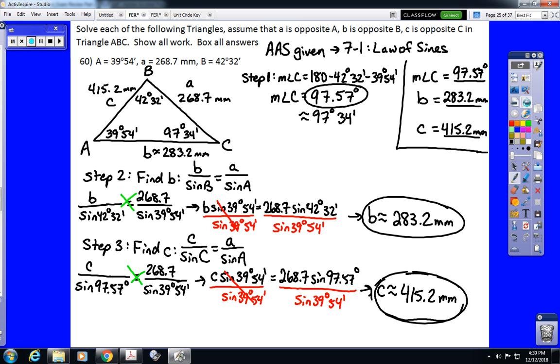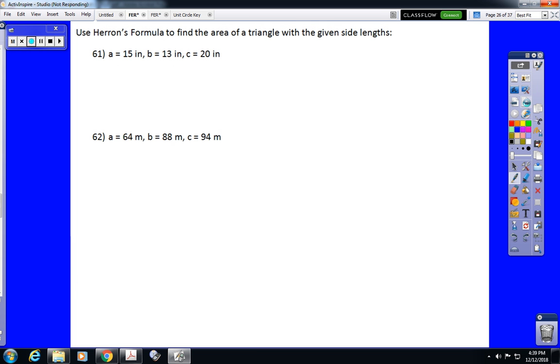All right, that brings us to the last couple problems. These are dealing with Heron's formula for finding the area of a triangle with the given side lengths. Heron's formula is also found in the law of cosines section, which is 7-3, I believe. Yep, there it is. Heron's formula has to do with the semiperimeter. Remember what it says.